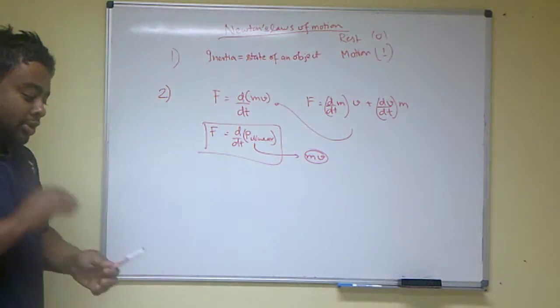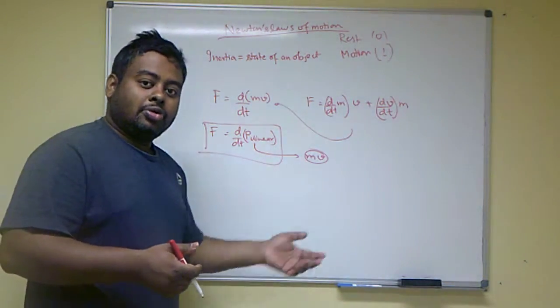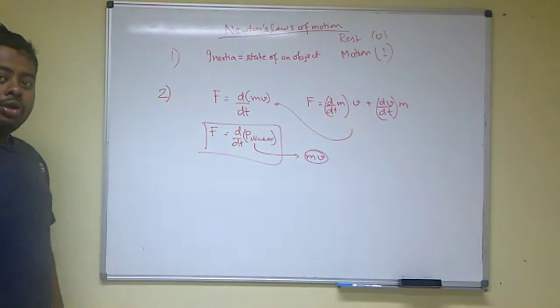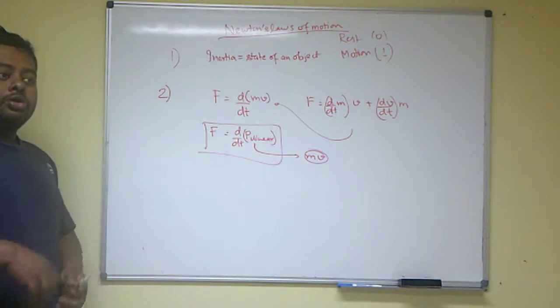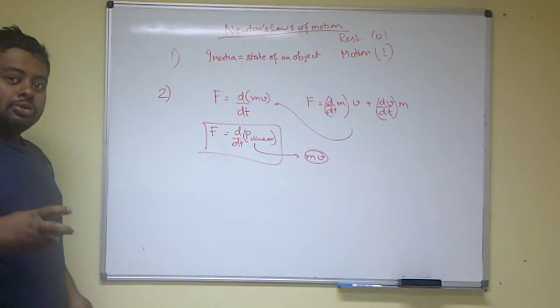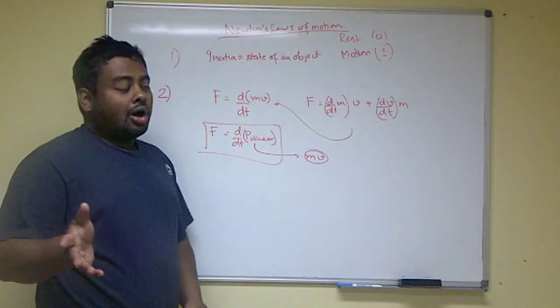So you exert a force on that body, and you'll see a certain change in the linear momentum of that body. Generally, for non-relativistic cases, the mass of the body remains constant. For example, if you're not throwing a rocket up, which is continuously losing mass due to fuel ejection, the mass will remain constant.